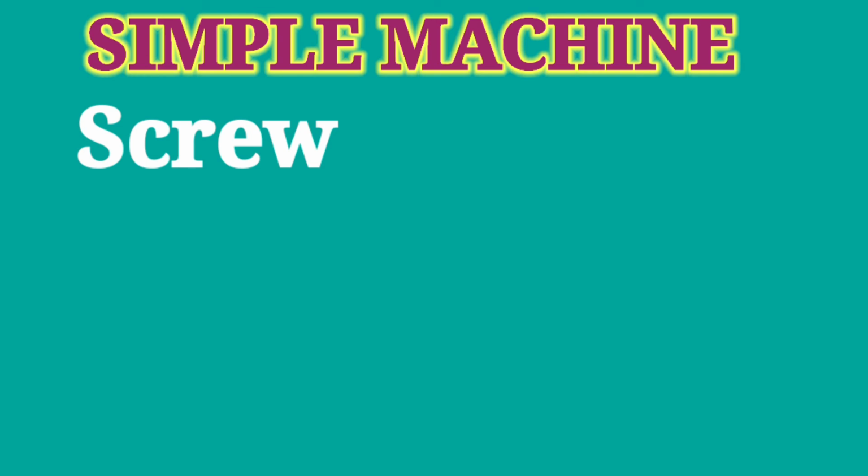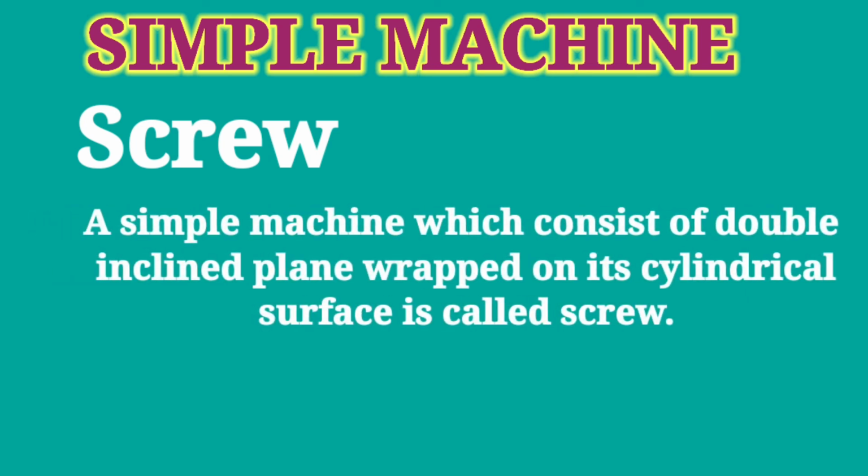Now we'll study what is a screw. When you hear the word screw, a screw nail is an example. If someone asks you the definition of a screw, you will define it this way: a simple machine which consists of a double inclined plane wrapped on its cylindrical surface is called a screw. A screw is cylindrical in shape, but it has two inclined planes: one is a thread-like structure, another is plane.